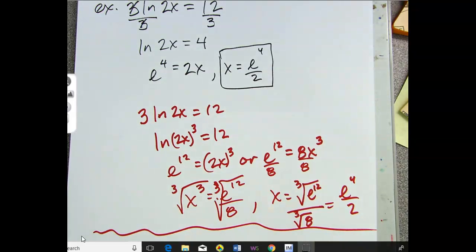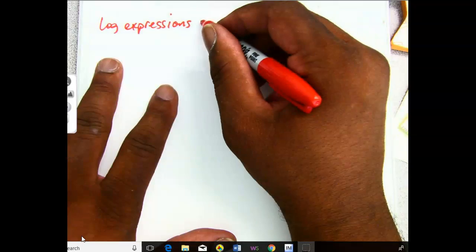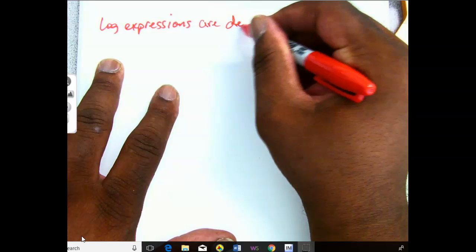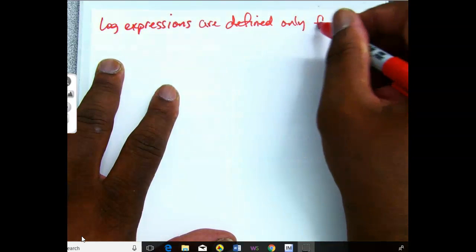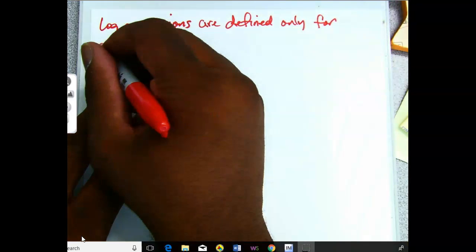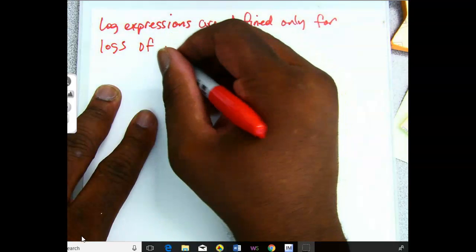All right, so let's take a look now. Log expressions are defined only for logs of positive real numbers.